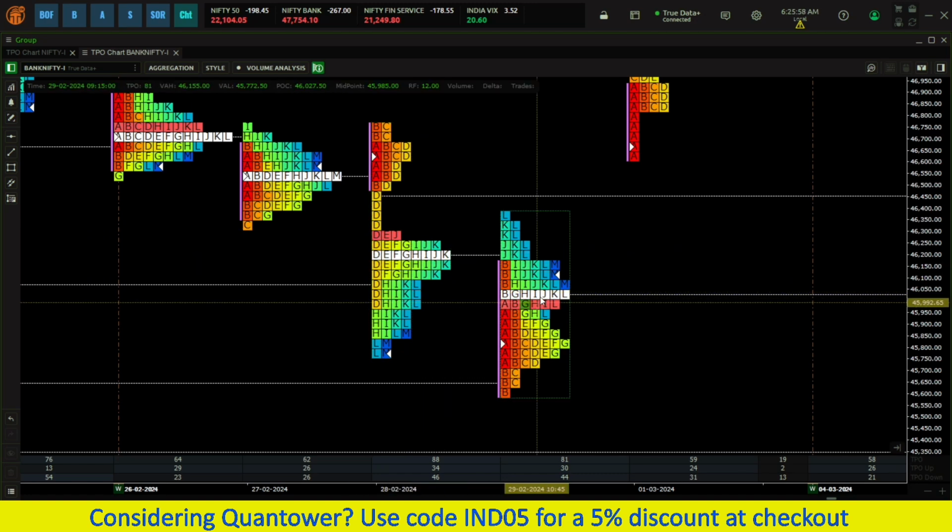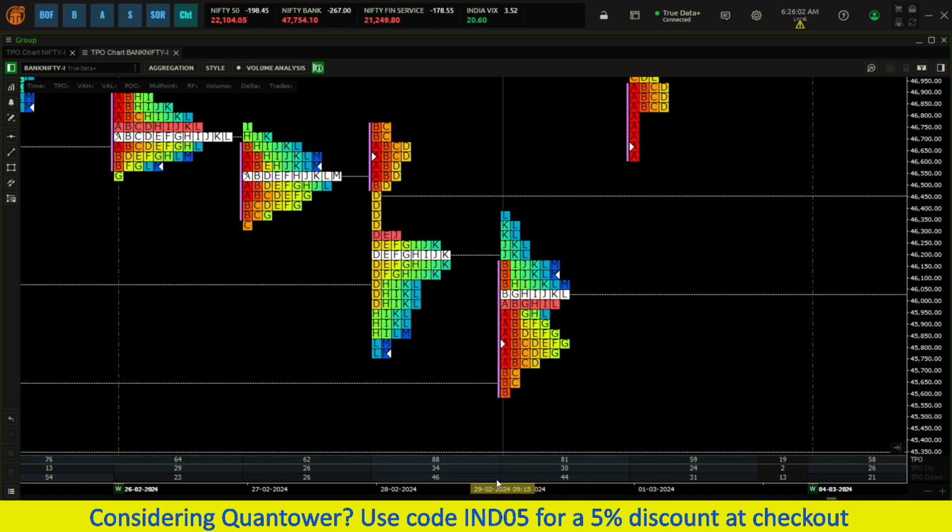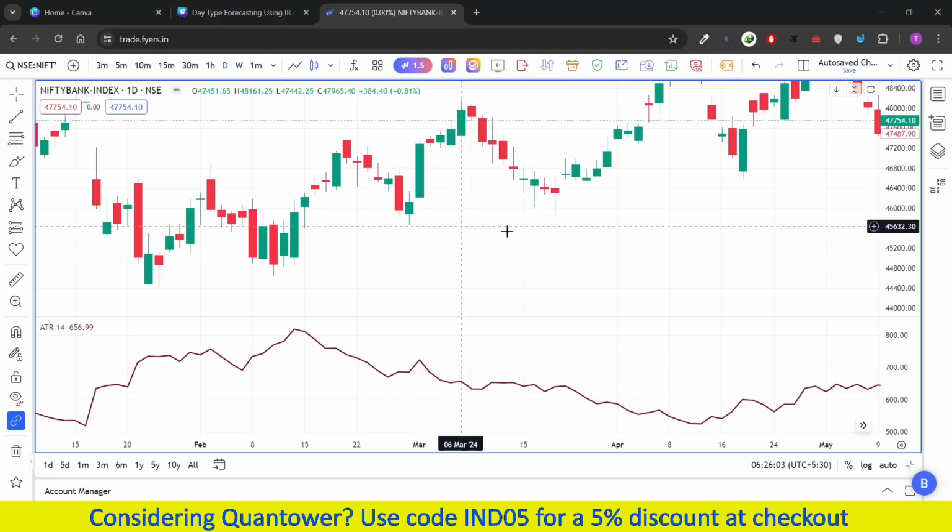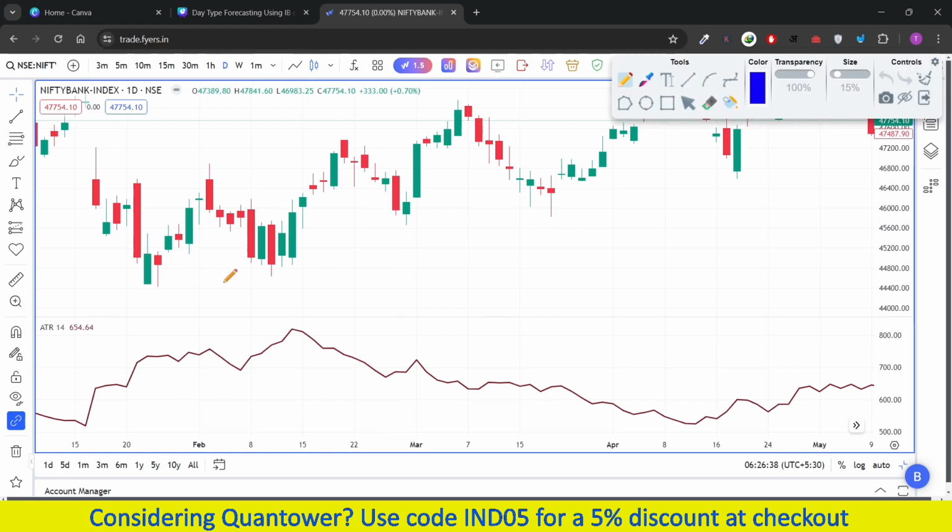So now let's see the date of this profile, that is 29 February 2024. So now let's go to 29 Feb. This is March, this is 29 Feb, right? Earlier to this is 28 Feb, and the ATR value is almost near 686. So for 686, that was the calculation.